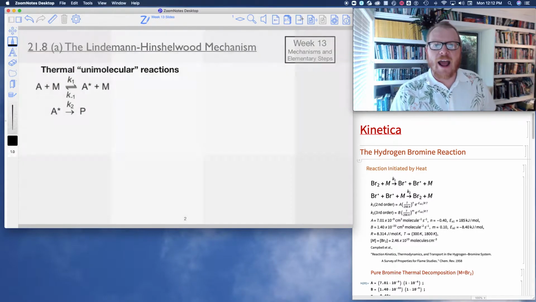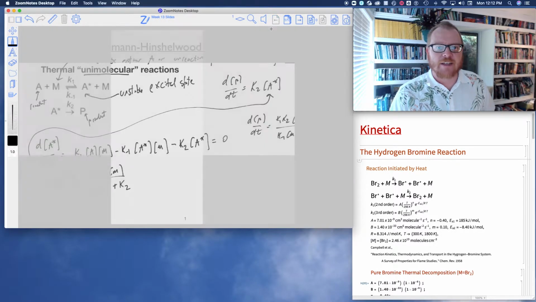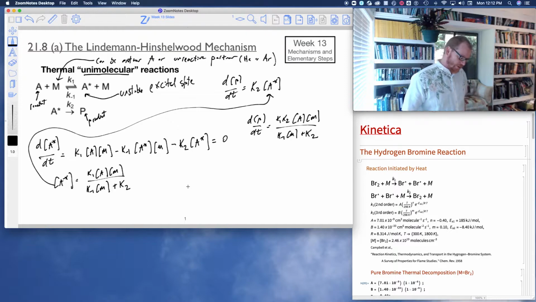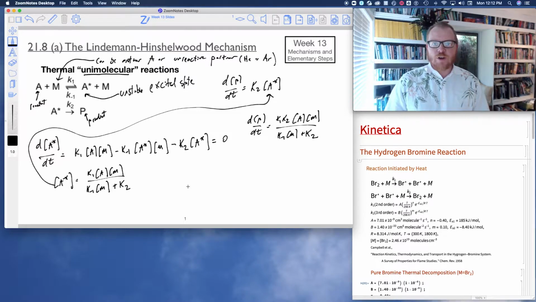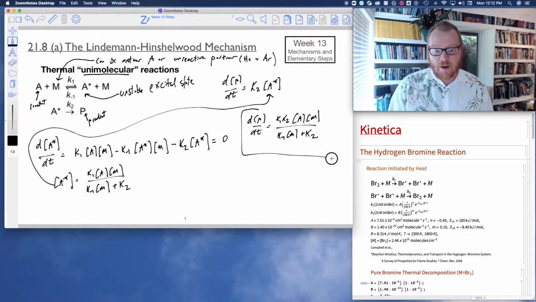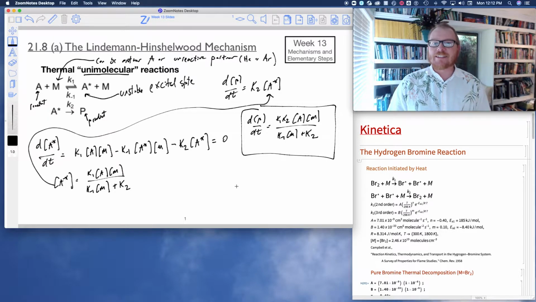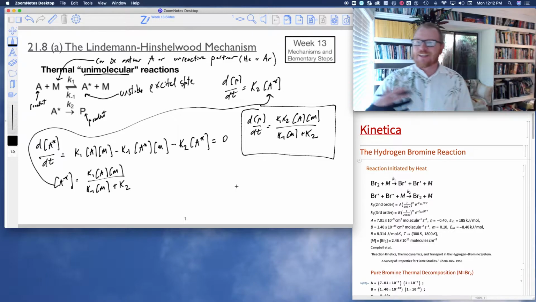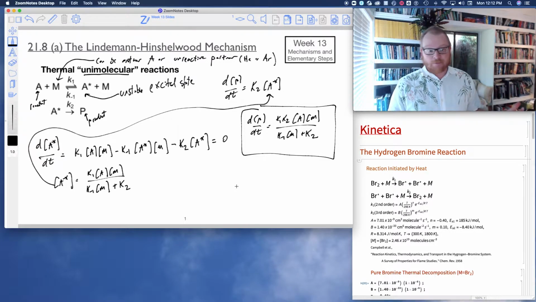Let me see what I have on the next slide here. Yes, I gave myself plenty of room to keep talking about this. So now when we look at this product formation, I'm going to put this in a box right here. It's not apparent if this is a first order reaction or a second order reaction.